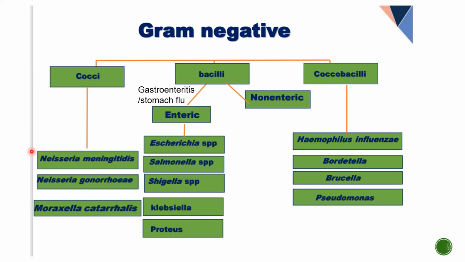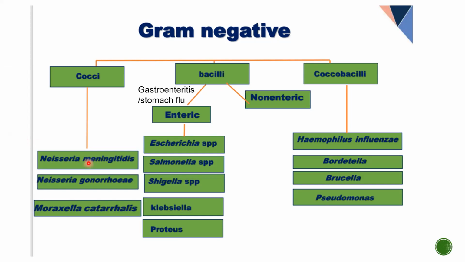Do you guys remember the agar? It's very important. Anything, make mistakes, it's fine. It'll make you remember it more. Yes, exactly. Thayer-Martin. Remember, Martin went to Syria. So Thayer-Martin is for Neisseria.